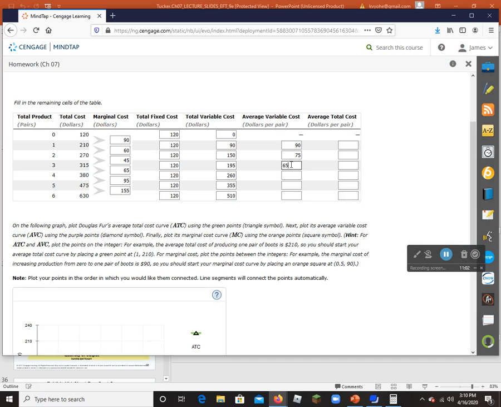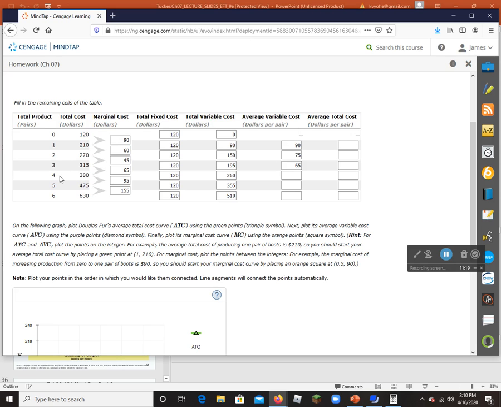Now, one thing you notice here is that as marginal costs are decreasing, so is my average variable cost. Once they start to increase between 3 and 4 units of output, my average variable costs are going to go up.